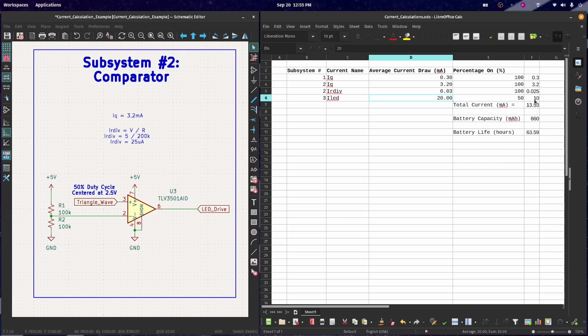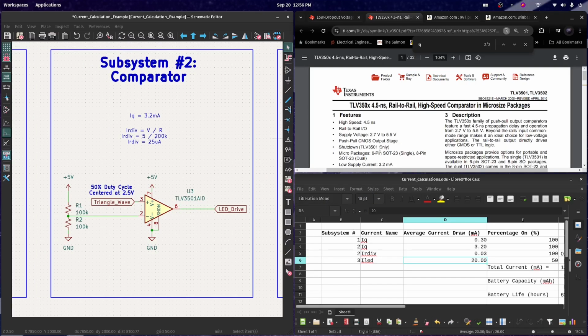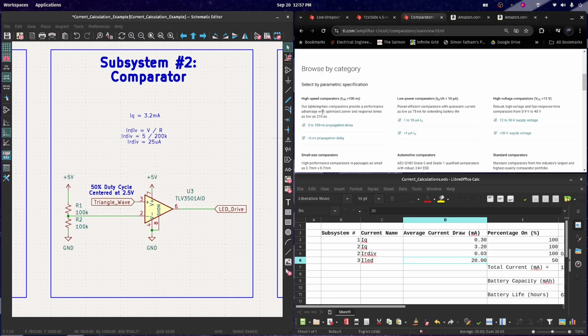Besides the LED current load, the next largest source of current is the comparator's IQ. The comparator chosen is a high-speed comparator with a very high IQ. If we choose a lower IQ comparator, at the cost of reducing the effective speed of the comparator, we can greatly reduce the current consumption. Instead of searching for a high-speed comparator, let's search for low-power comparators.